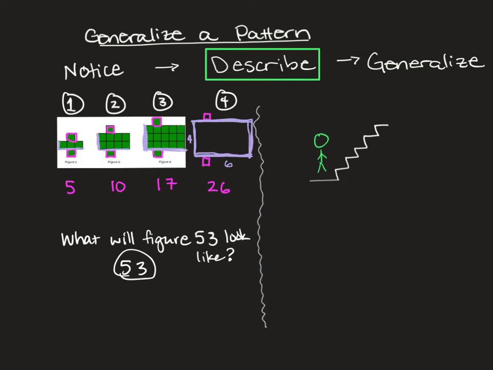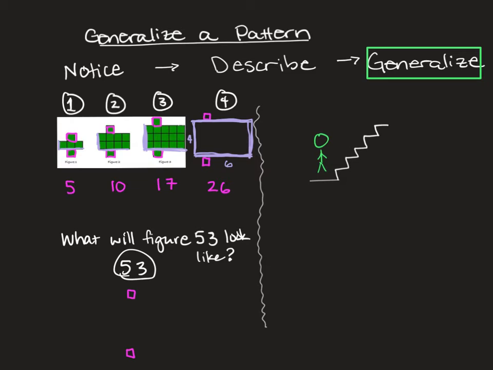So as I move from describing it to generalizing it, I need to start thinking about ways that I could skip some of those steps, and maybe how I could go directly from the figure number to here. Now, I know it doesn't matter where I go, I'm always going to have those 2 squares sitting at the top and bottom here.